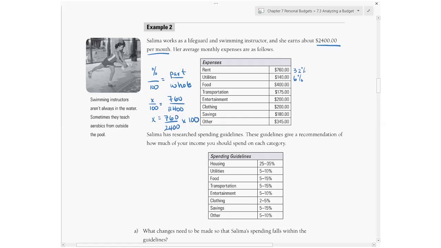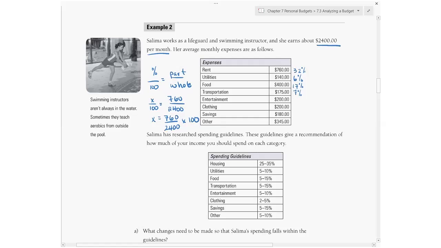Food is 400 divided by 2,400, and then times 100, and that gives me 16.66 repeating, so 17%.